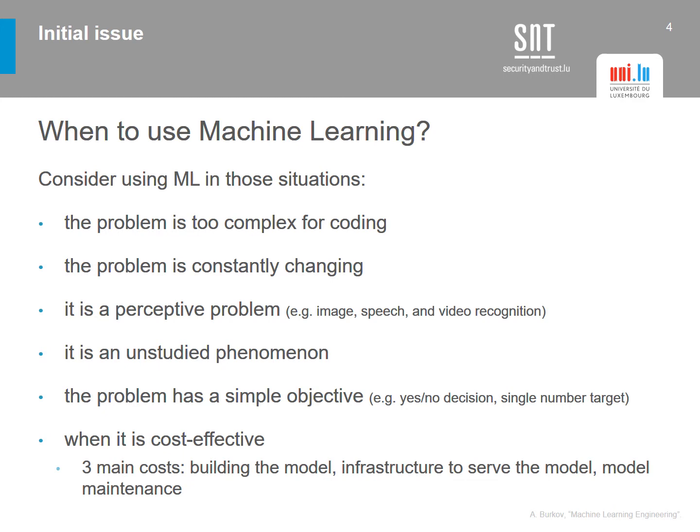Thirdly, if we have a perceptive problem, machine learning can be considered. For example, if we want to do image recognition, speech recognition, or video recognition, then machine learning can be useful.